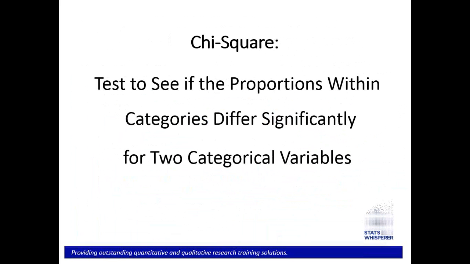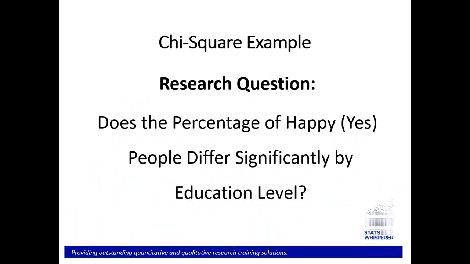The chi-square is used to see if proportions within categories differ significantly by 2 categorical variables. You'll see what I mean in a minute. So our research question is, does the percentage of happy people differ significantly by education level?